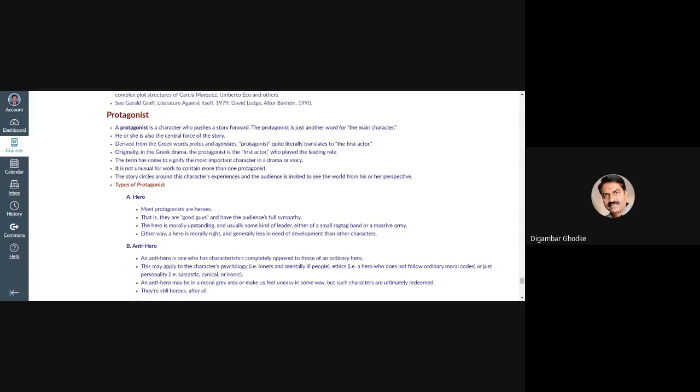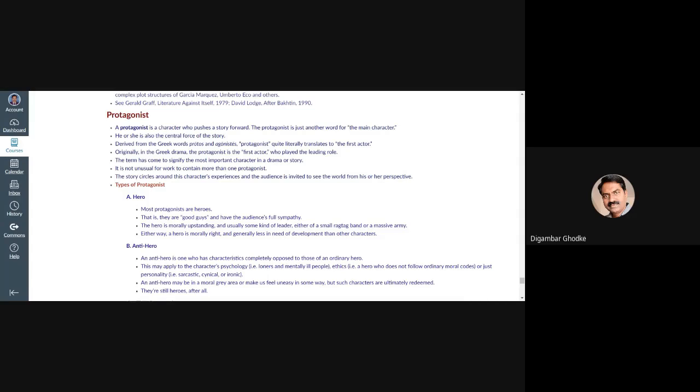So we know that most of the central characters or main characters are referred to as heroes. These protagonists are referred to as heroes because of their good qualities, and they have the audience's full sympathy. We are on the side of these characters. Of course, certain qualities make us call that protagonist a hero.